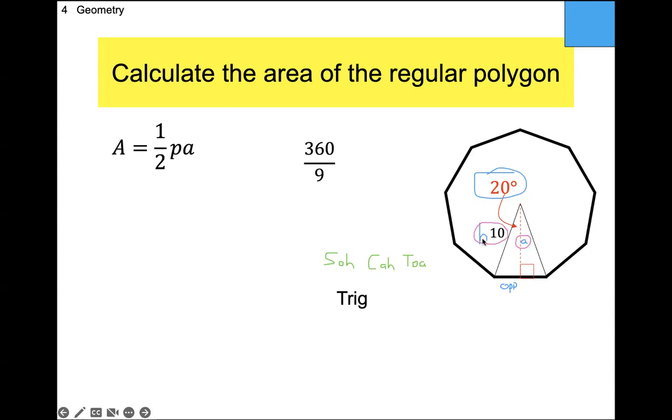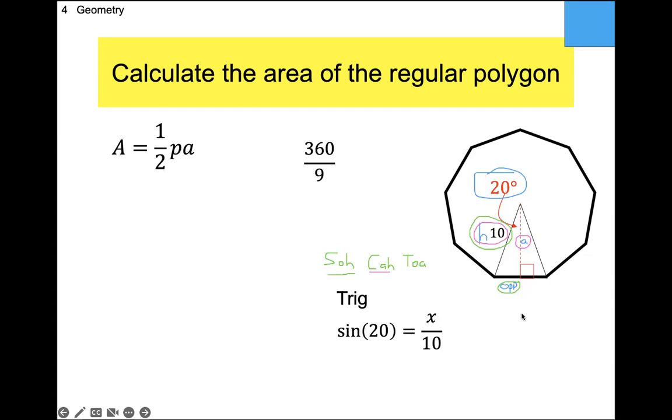So A and H would be cosine. If I want to find the side length right here, that would be the opposite, and since 10 is the only value I'm given, the opposite and the hypotenuse would be your sine. So I think I do the side first. Sine of 20 would be the opposite over the hypotenuse.